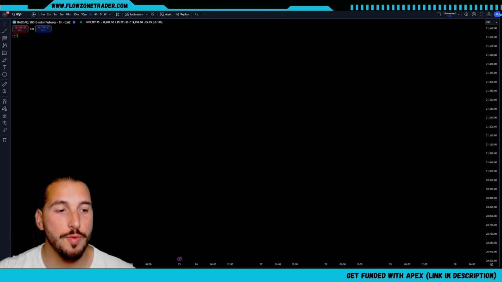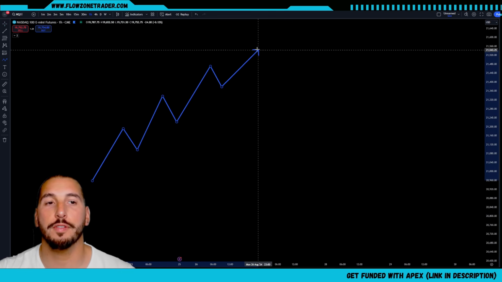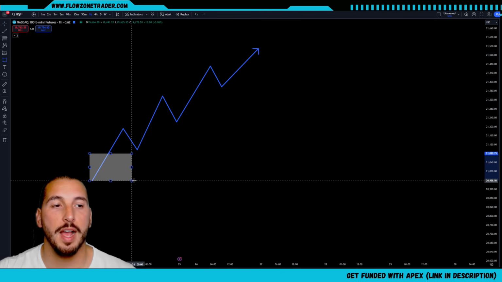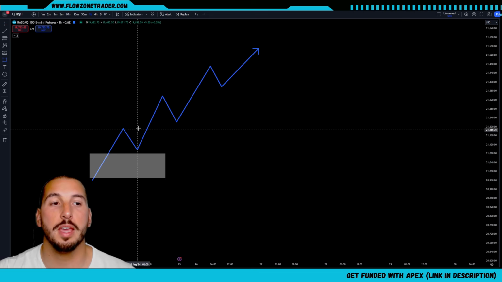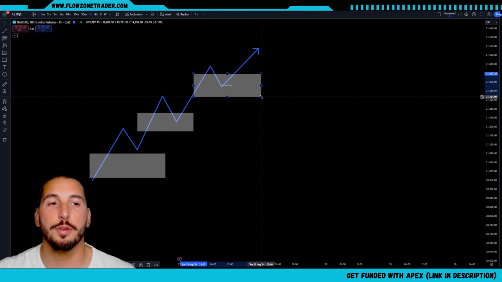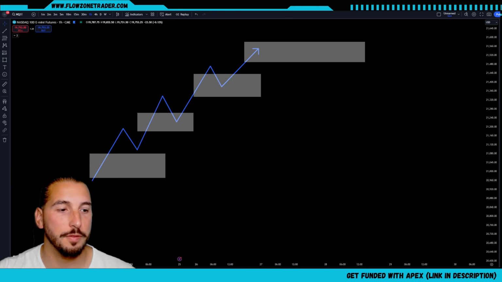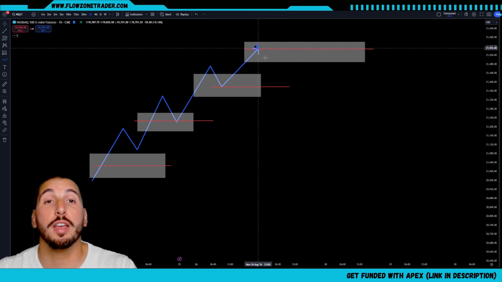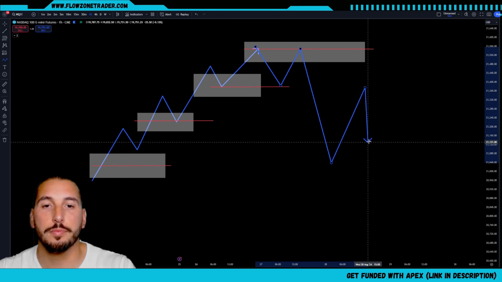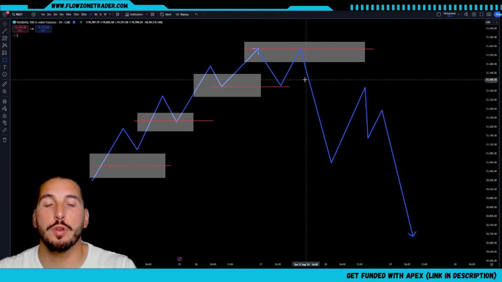So as a recap then, when the market is in a bullish flow, you can expect the market's value areas to be moving to the upside. And within those value areas, you will find points of control. All right. So if we do an example of this, when the market goes through consolidation and starts to break down, we can expect these value areas to start moving downwards.